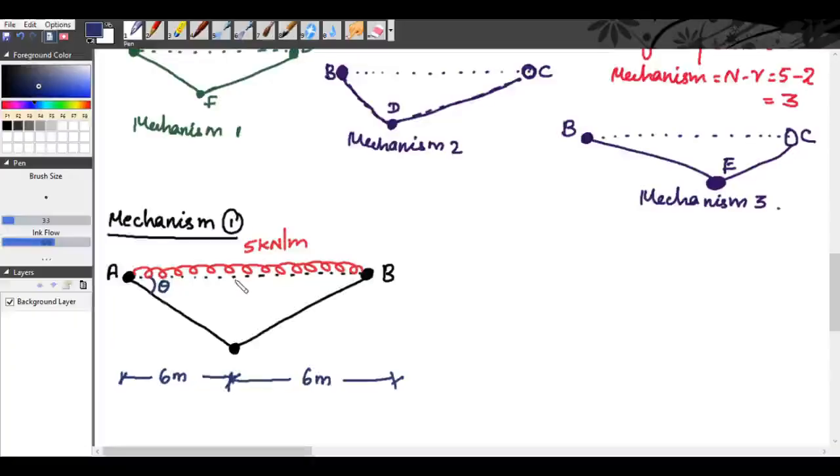So since it is 6 meter, 6 meter, if this is theta, this is also theta. So what is this distance? This distance will be equal to 6 theta. You can take sine theta is equal to y. Sine theta is equal to y.